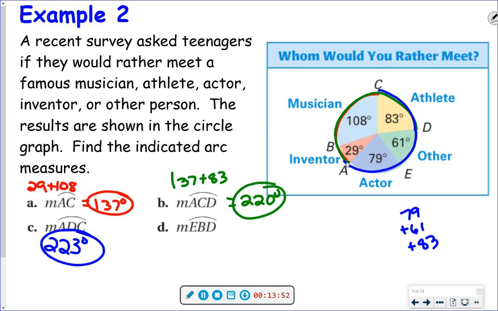Measure of arc EBD. Now, two ways you could do it. You can add up all the pieces, 79, 29, 108, 83, or you could do 360, the full circle, and just subtract off the missing piece. Either way you cut it, you're going to end up with, of course, 299.